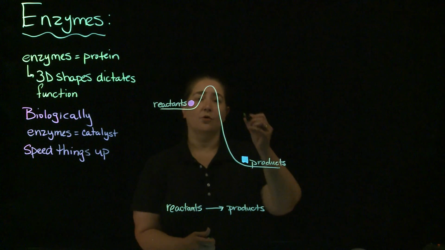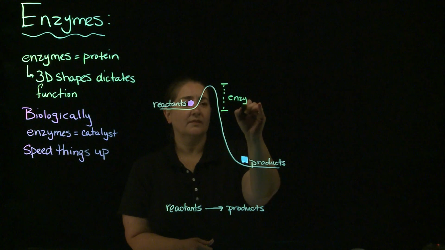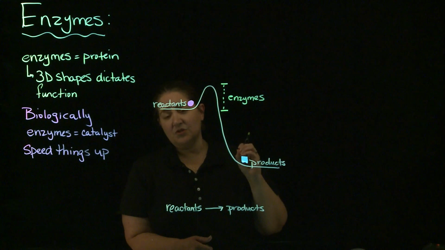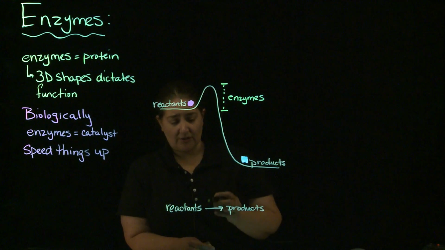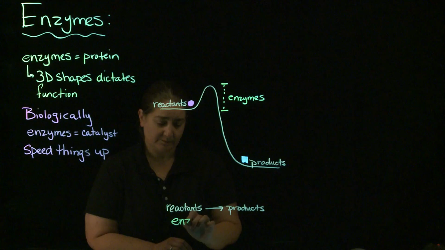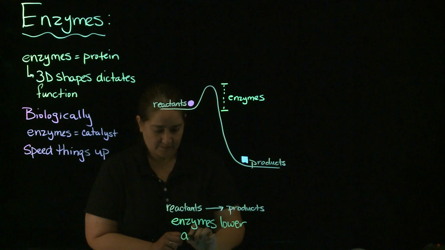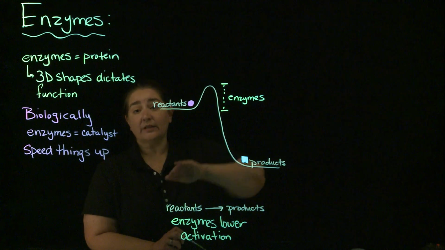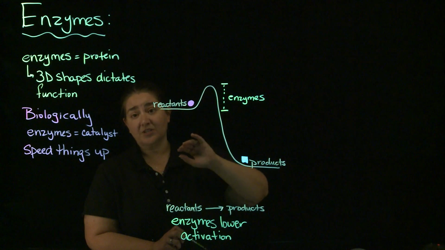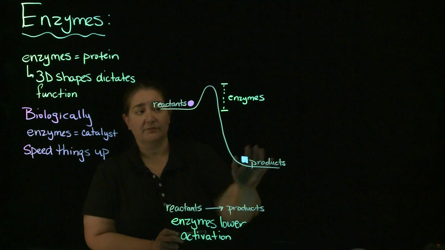Where enzymes play a role are in this little hump right here. Because what the enzymes do, okay, is they lower that activation energy. And what that activation energy is, that's really the hump that the chemical reaction has to get over to go from being a reactant to being a product, okay?